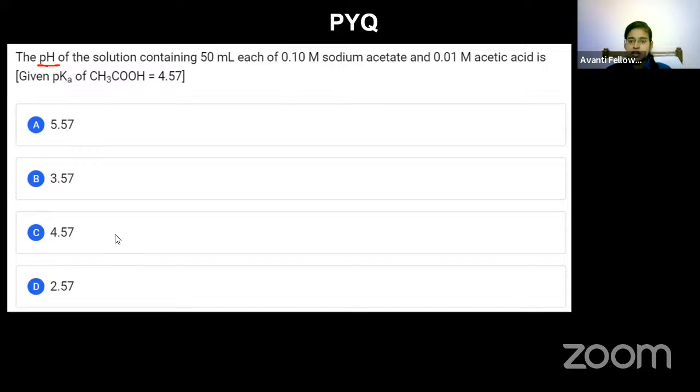Okay, you try for the answer. I will give you 1 minute to solve this problem. So get me the correct answer and try to get me the name of the formula also. We will solve after 1 minute. So we have sodium acetate, which is a salt, and acetic acid. So this is the acid and this is the salt.